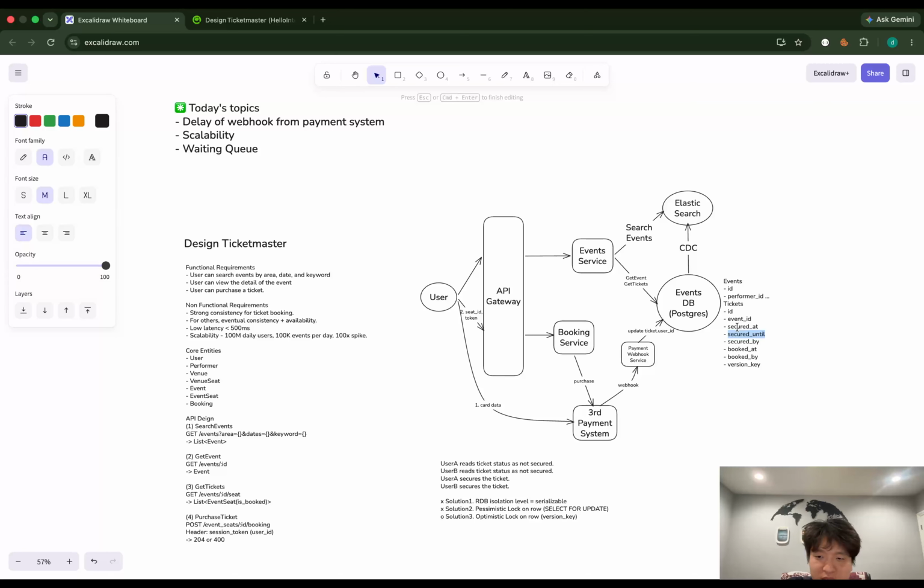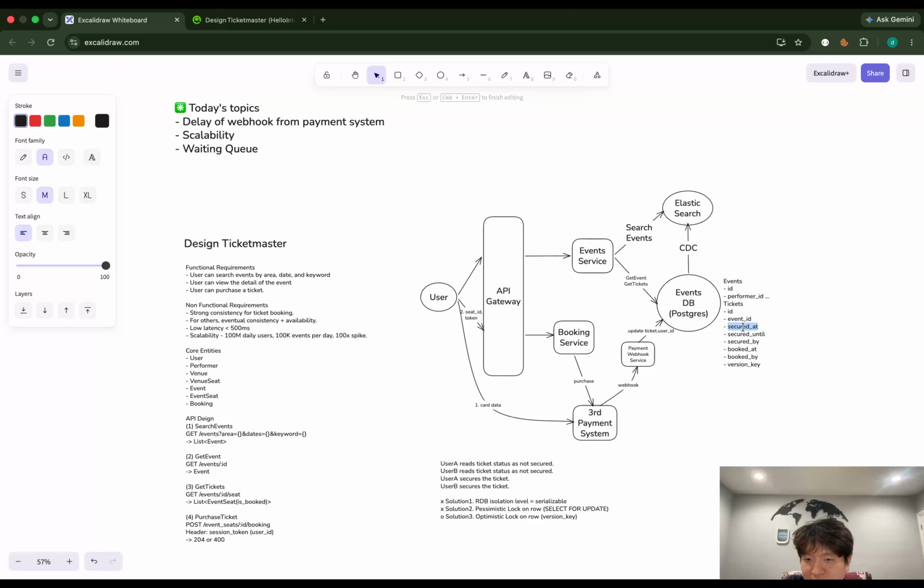When the booking service makes a query, we check whether secured at plus 10 seconds is earlier than now, and if it is true, the user is able to secure the seat. It is possible to include that logic, but for simplicity, I use two columns, secured until and secured at, and I make sure secured until is always secured at plus 10 seconds.